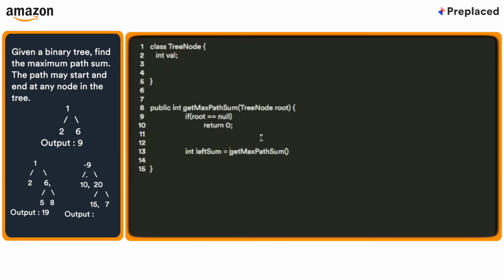So what I will do is pass root dot left here. Before getting left and right, if root dot left and right are null, I think I'm specifically evaluating a leaf node here.